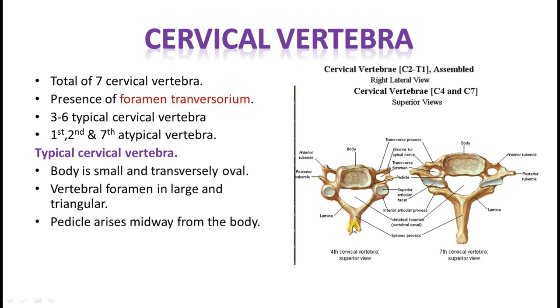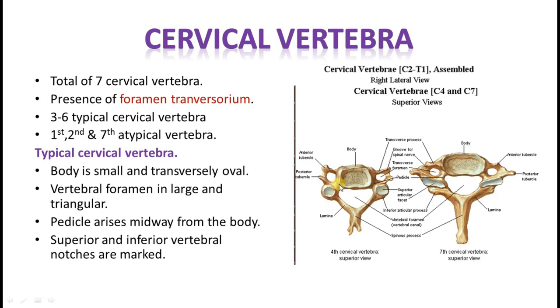Okay, so the spine is bifid. The pedicle arises from the middle of the body. So halfway, exactly from the upper and lower end, from the middle of the body, it arises and passes backwards. Because of that, the superior vertebral notch and the inferior vertebral notch are both conspicuous. That means they are well marked.